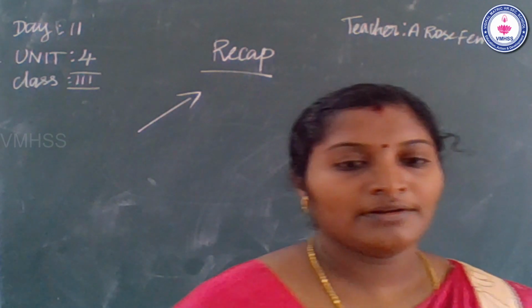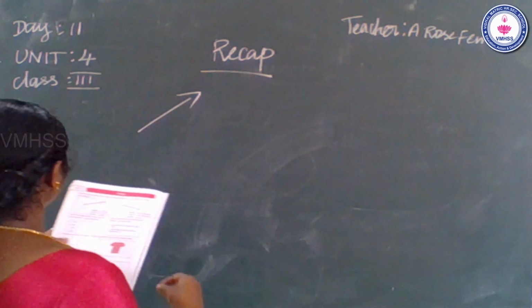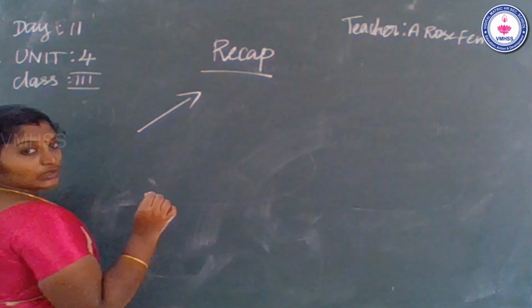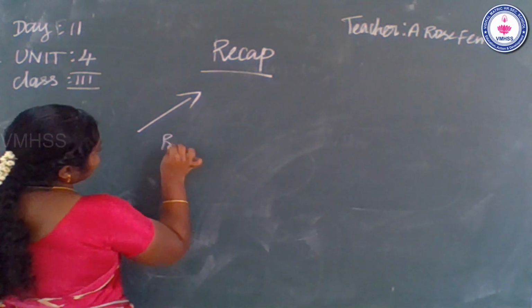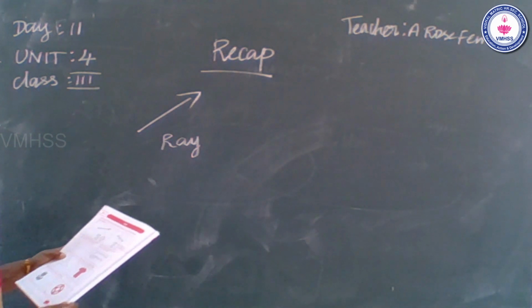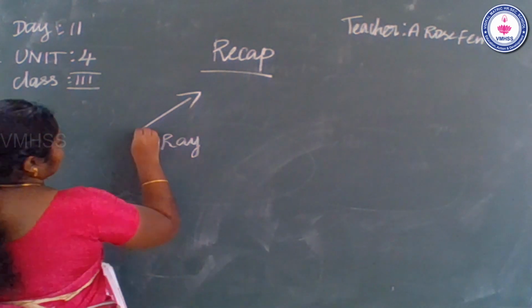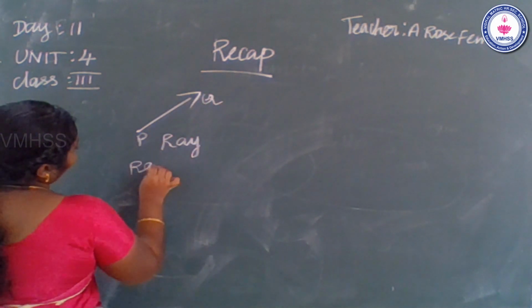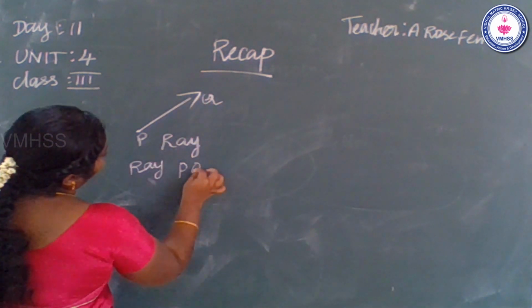See the board. Identify the name. This is a ray. Its name, with P and Q below, is ray PQ.